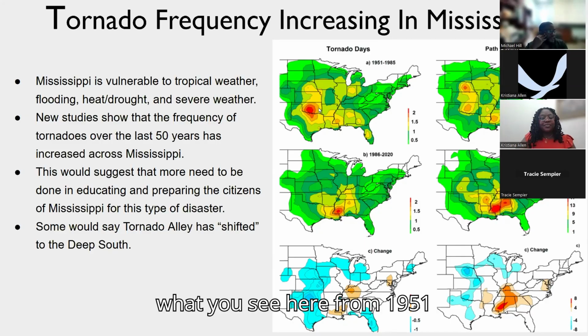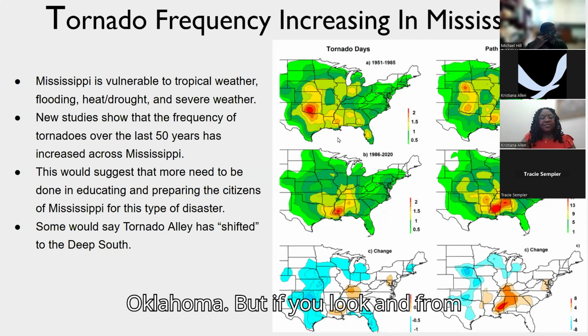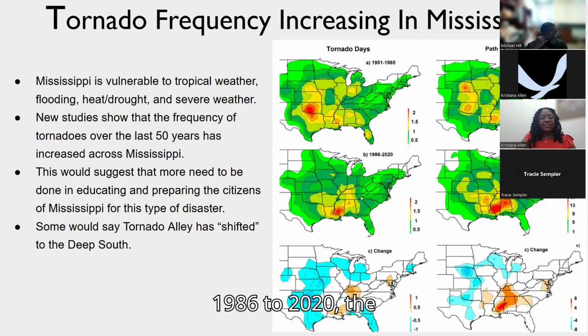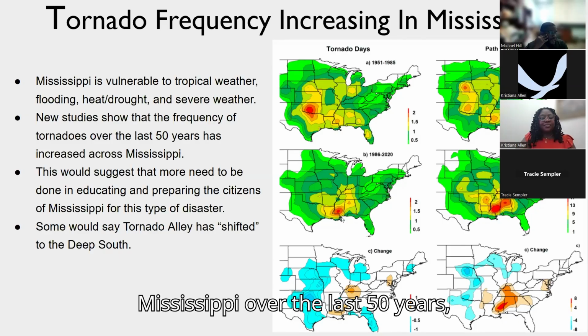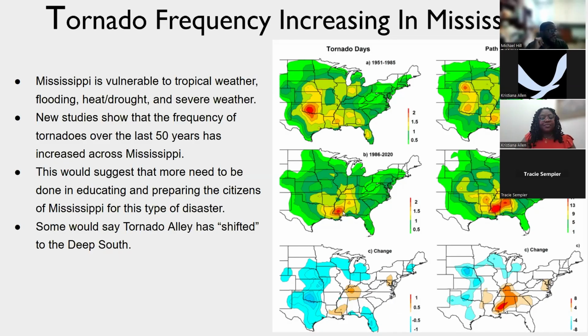From 1951 to 1985, you see the traditional tornado alley across Oklahoma. But from 1986 to 2020, the bullseye is right over Mississippi, over the last 30 to 40 years.